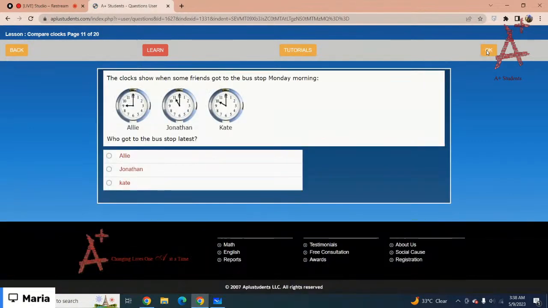Okay, the clock shows when some friends got to the bus stop Monday morning. Ali at 9, Jonathan at 11, and Kate at 10. Who got to the bus stop latest? So, which is the correct option?